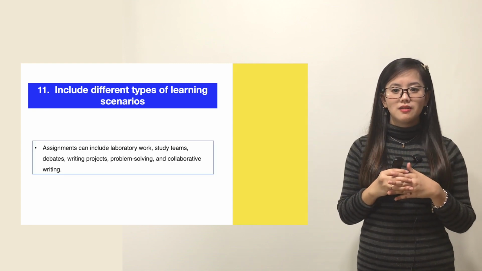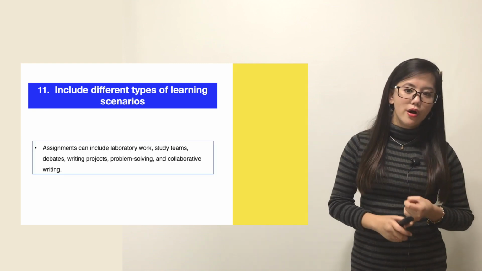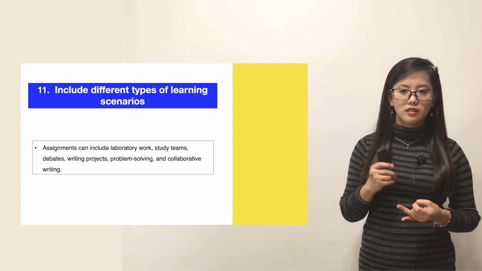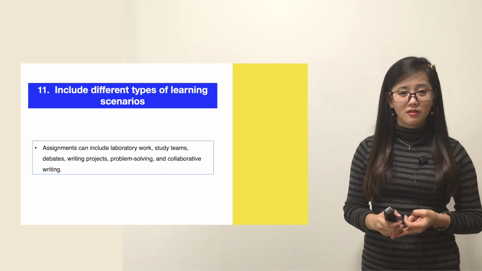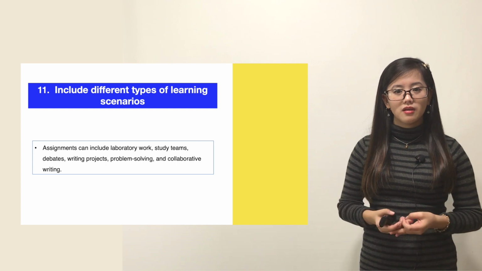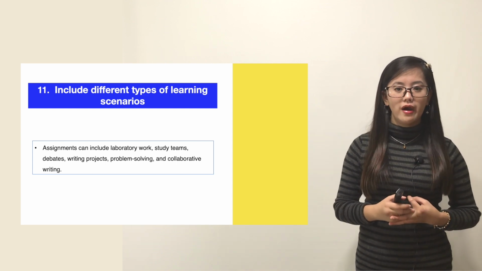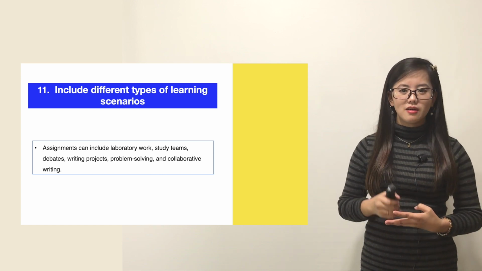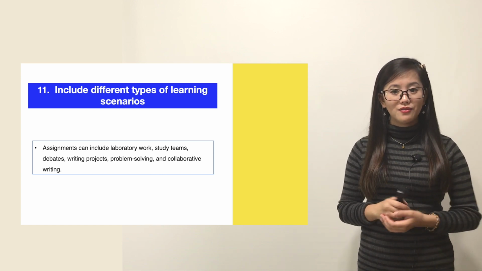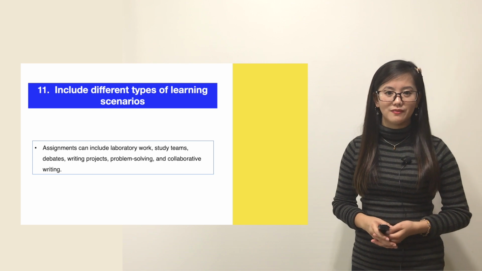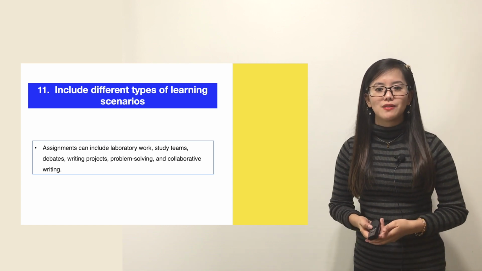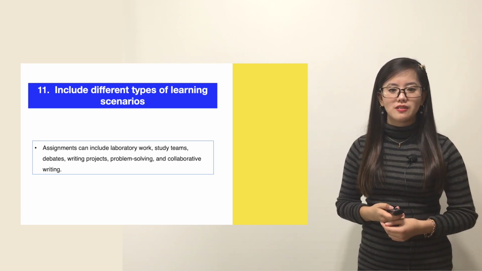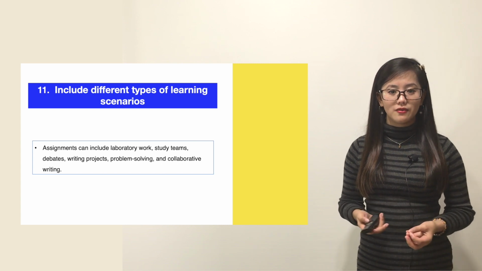Assignments can include laboratory work, maybe even study teams. Maybe you have done this. Even debates, I'm sure you have also. Writing projects, problem solving, and of course collaborative writing. Okay, so these are just the different things that we could see.